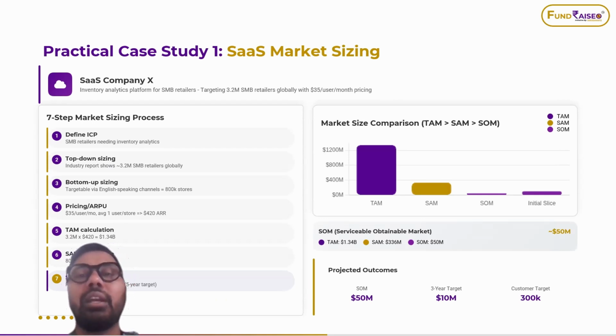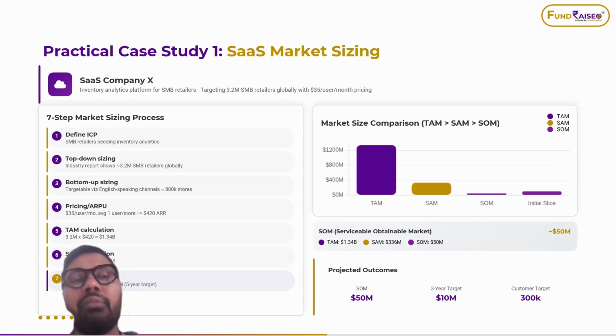He was looking at the global market of 3.2 million SMB retailers with a target pricing of $35 per user per month. Within a retailer, you could have multiple users.